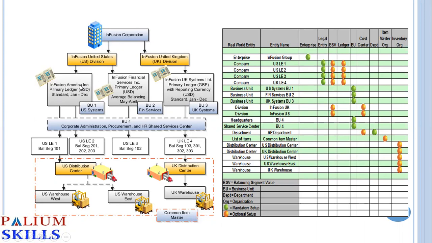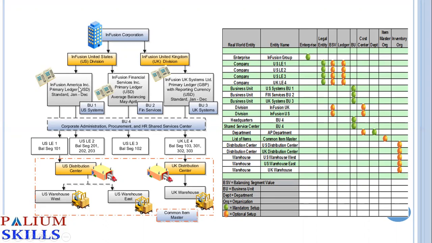Okay. So in Fusion America, INC is the primary ledger, which is in dollar terms. The standard accounting method is used, and the January to December calendar is being followed. So these are the different ledgers that are defined. As you can see, there are three different ledgers defined.